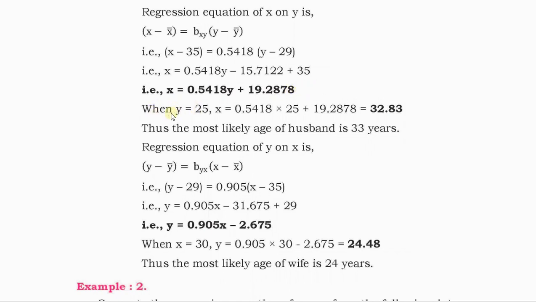Now in the question they had asked to estimate the value of x when y is equal to 25.